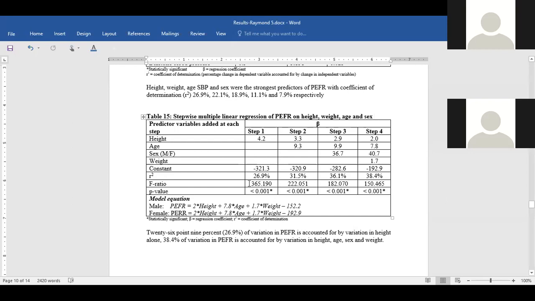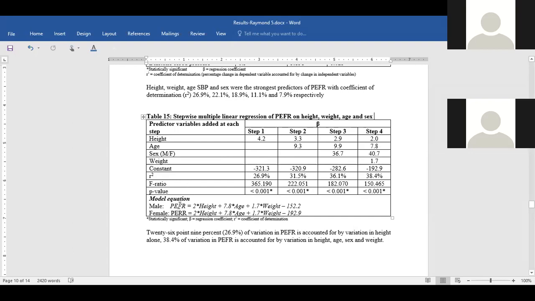Can you see the F ratio also and the P value? At the end of the day, what you code for the model is the R square and the betas, because the betas also change at each step. So it is step 4 you are using now.